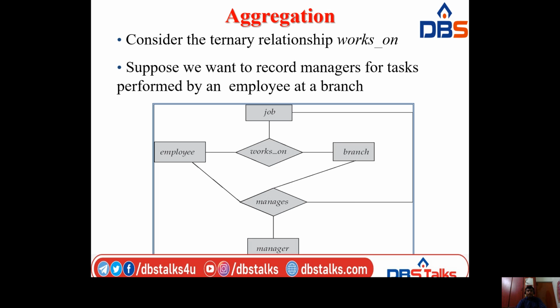Now comes the manager. A manager manages some branch. A manager is an employee and he manages one branch. That is the relationship here, and it joins to the other relationship also. The first one is works on: employee works on.